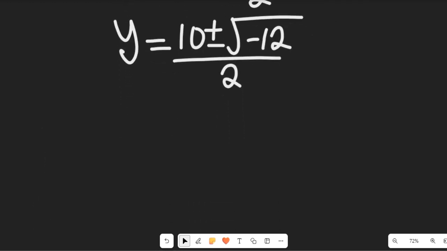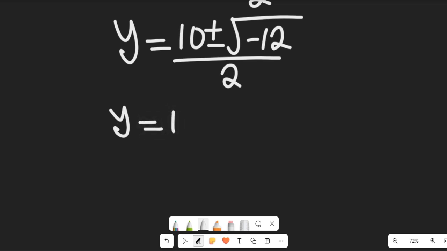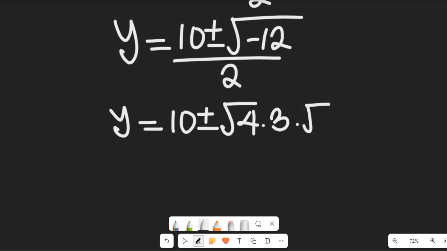Now, if we simplify this, you come to see that y will become 10 plus or minus the square root of negative 12, which will be 4 multiplied by 3, multiplied by the square root of negative 1, and all this will be divided by 2.